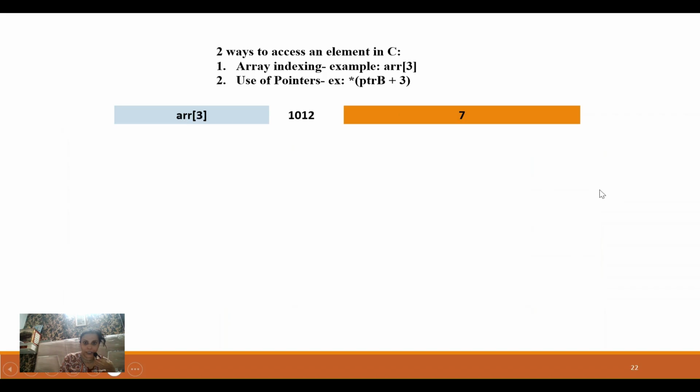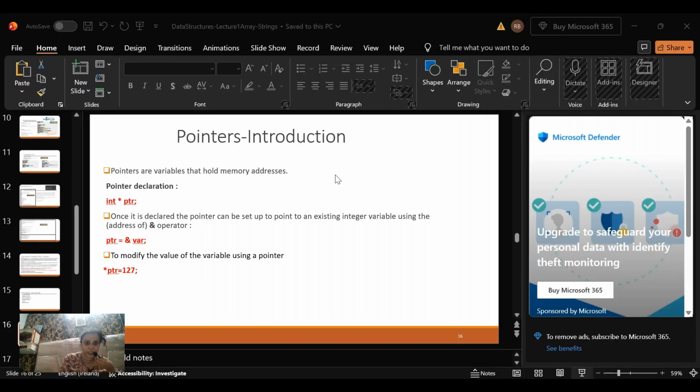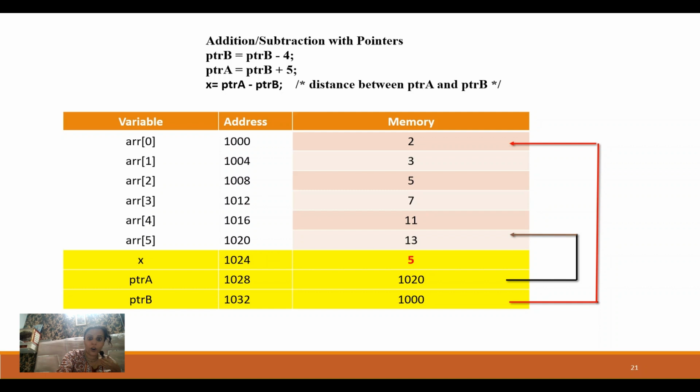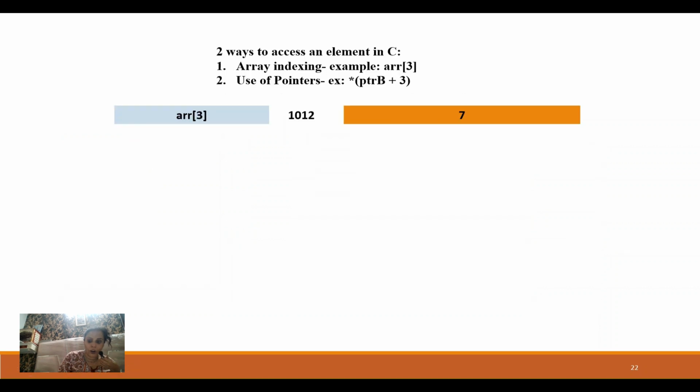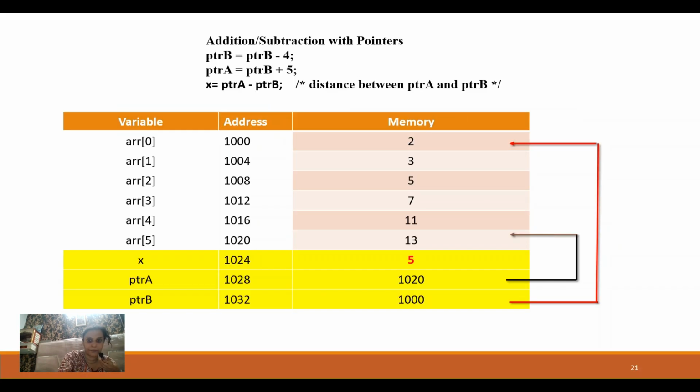For example, arr3 will give the fourth element, because the starting index position is 0, so it's going to give you 7. Or you can use another way, star of ptrb plus 3, where star means the value the pointer is pointing to. If you use ampersand, it gives you the address. So ptrb plus 3, 1 2 3, is going to give you 7.